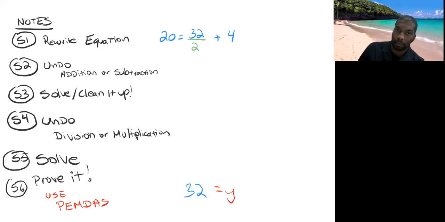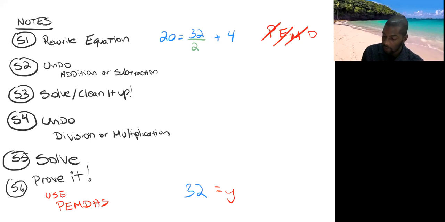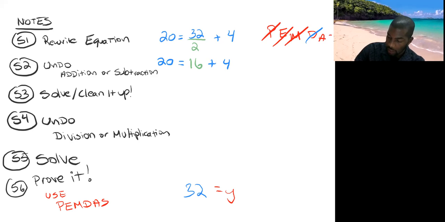All right. Do I have parentheses? No. Exponents? No. Multiplication? No. Division? Yes. Where's the division? It's the 32 divided by 2. So I rewrite the equation. 20 equals 32 divided by 2, which is 16. Then I rewrite the plus 4. All right. Do I have addition? Yes, I do. And no subtraction.